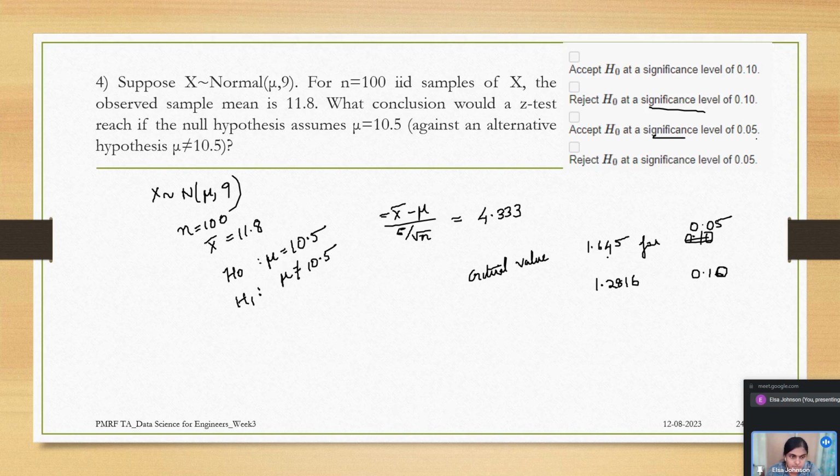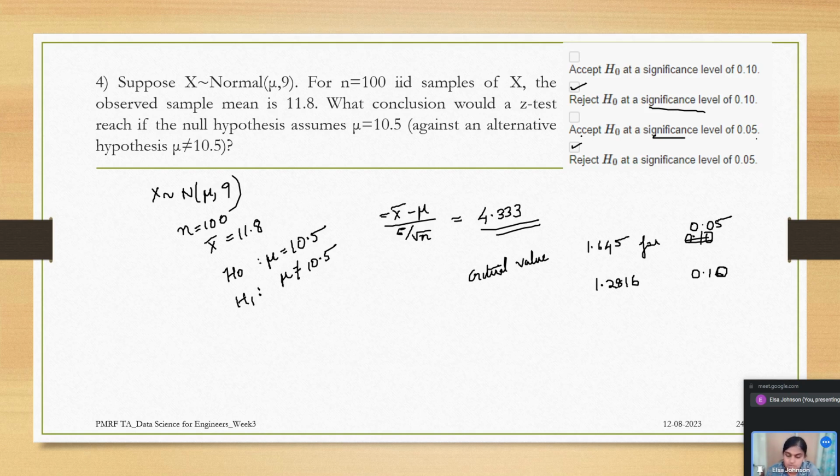So you can see the value here is 4.33. In that case, what will you be having? In both cases it will be rejection of H0 at the significance level of 0.10 and rejection of H0 at the significance level of 0.05. So both the cases you can put.